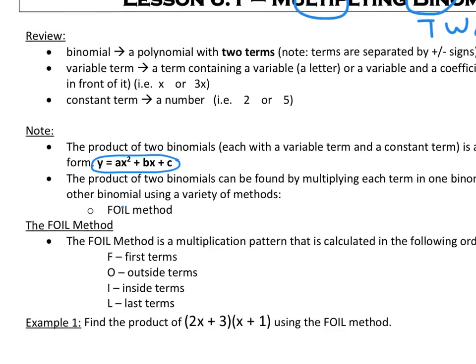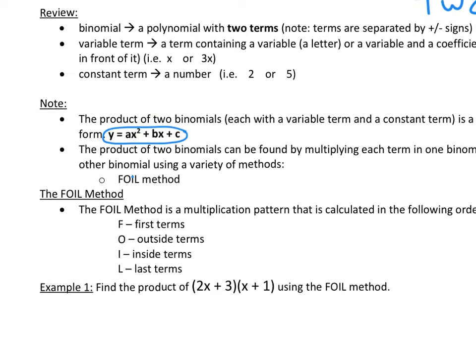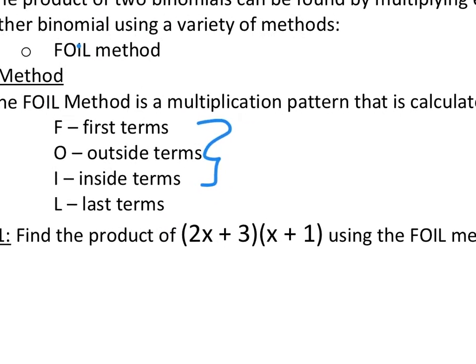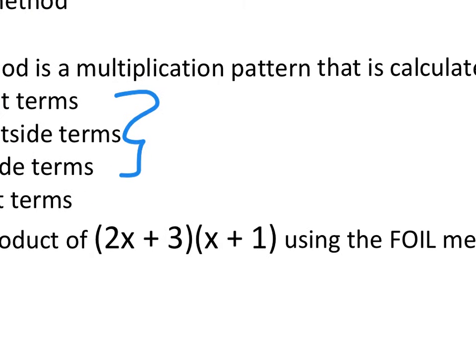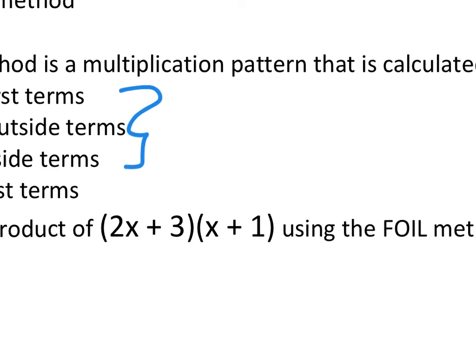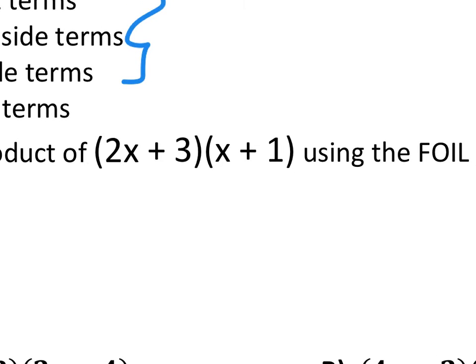So we're going to be using a method to start off with expanding, which is called FOIL. It's an acronym that stands for first, outside, inside, last. But I'm going to call it this rainbow method that you're used to, which is a little bit easier. We have two binomials, 2x plus 3 and x plus 1.